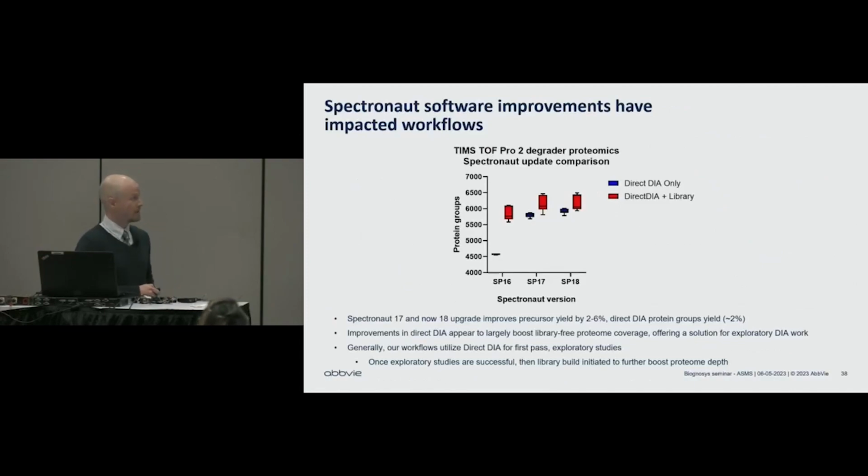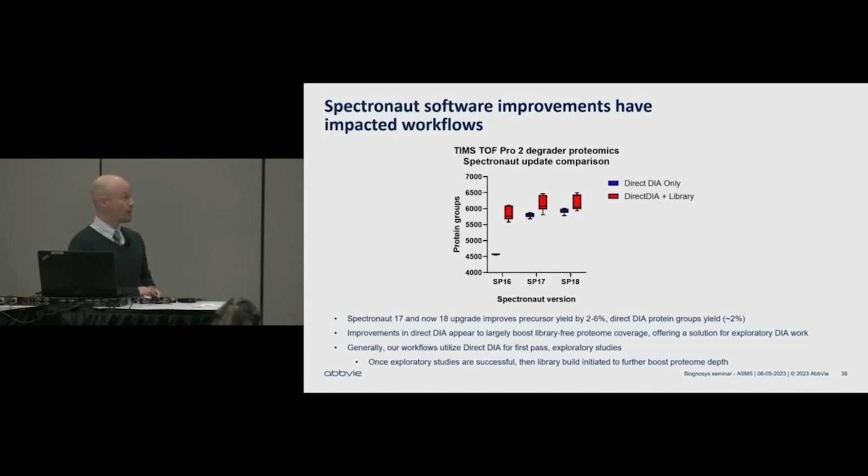We've also tested Spectronaut 18 compared to previous Spectronaut releases, and as I'm sure everyone's aware, Spectronaut 16 to 17 was a very large jump with direct DIA. We still see increases from Spectronaut 17 to 18 for Thermo raw files collected with degrader proteomics. We've seen about a 2 to 6% increase in terms of the precursor IDs, and about a 2% increase for protein groups.